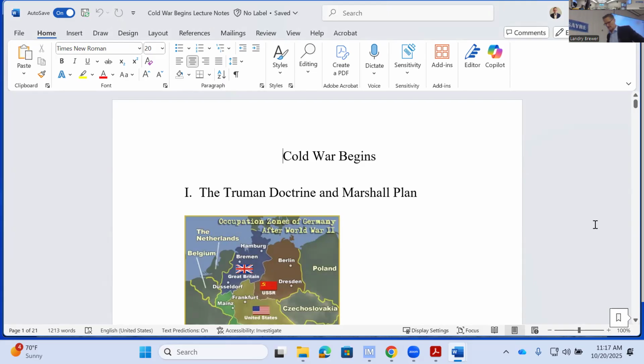The Cold War came about largely because of World War II and the way that World War II ended. Because when World War II ended, the Soviet Union was largely in control of Central and Eastern Europe because of events that happened before the United States and the Soviet Union became allies, and events that happened after the two nations became allies during the war.